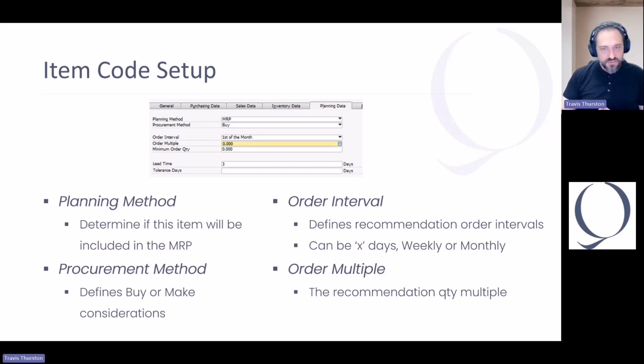Your order interval is the amount of time in which the MRP would make recommendations related to how often you would either make or purchase something. So in that sense, you can define either a certain number of days, whether it be weekly or monthly.